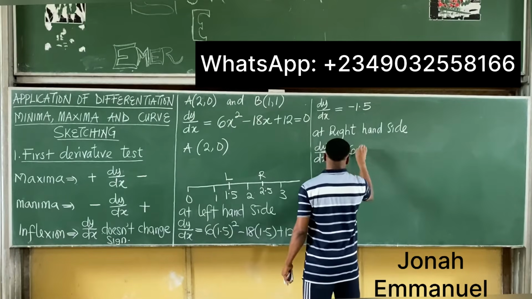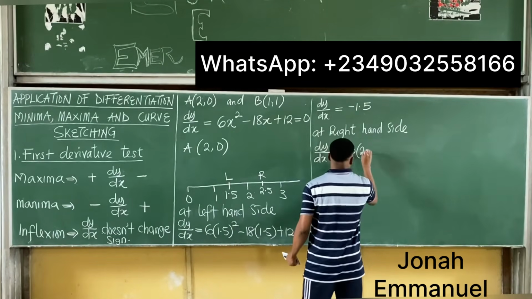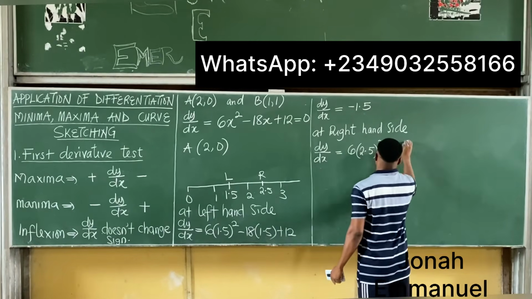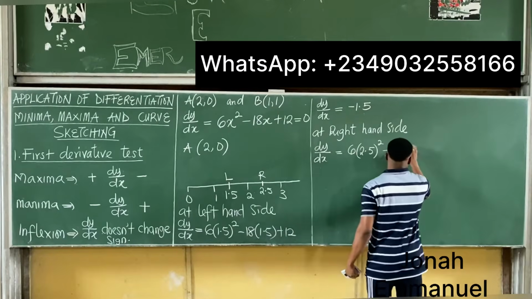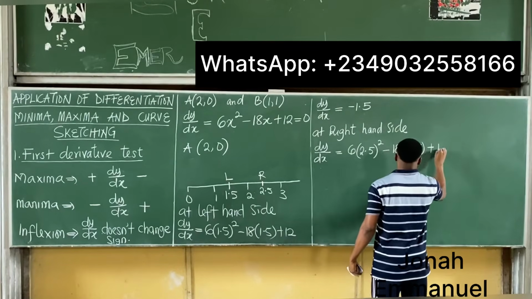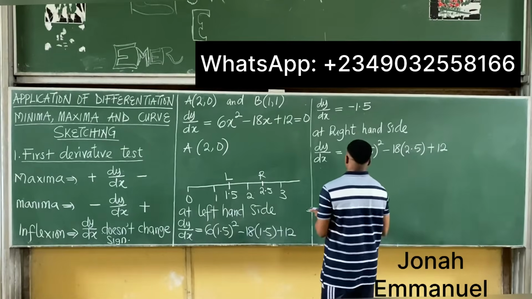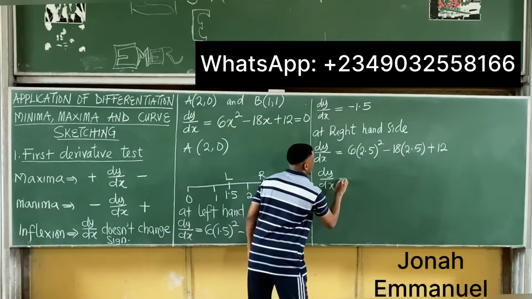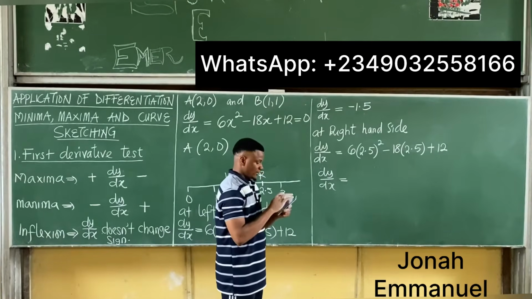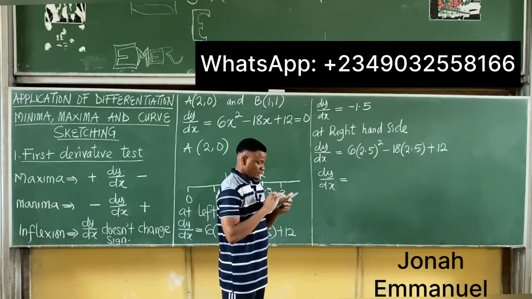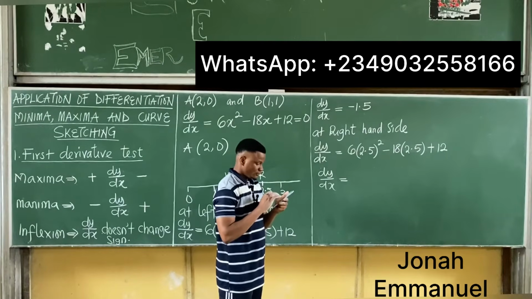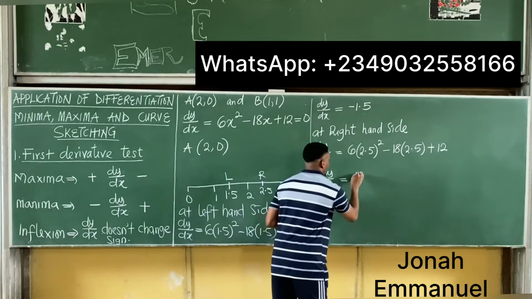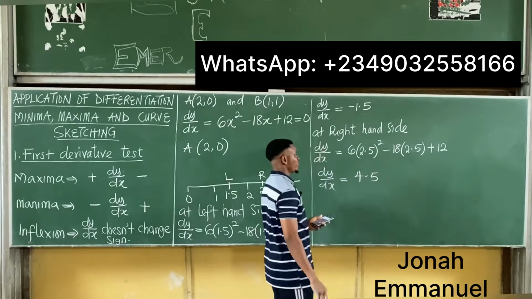It becomes 6 into 2.5 squared minus 18 into 2.5 plus 12. All right, let's solve this. That gives me 4.5. So what do we observe?